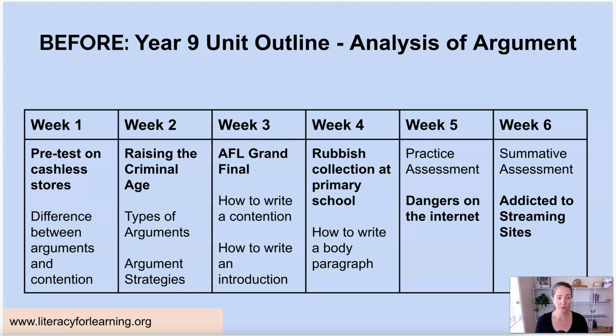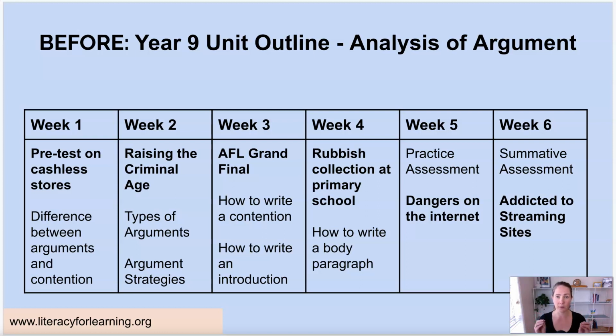Another example of trying to teach too much might be in English, and this is a unit outline of an analysis of argument where we look at issues and how people present their arguments on that. As we see here, we have 6 weeks, and over that 6 weeks, students are reading a different topic every week.